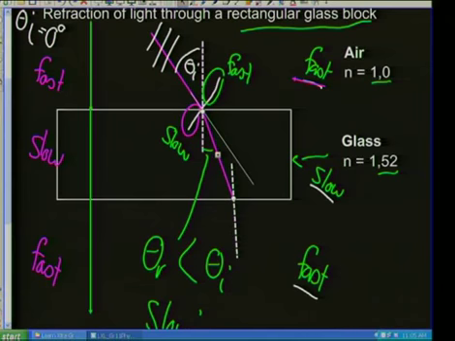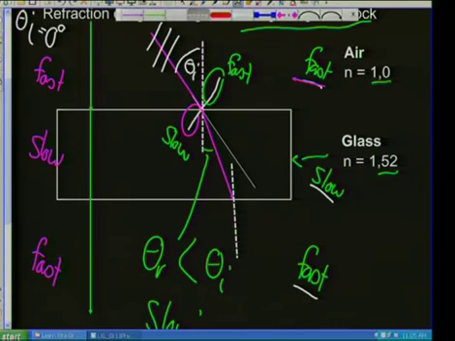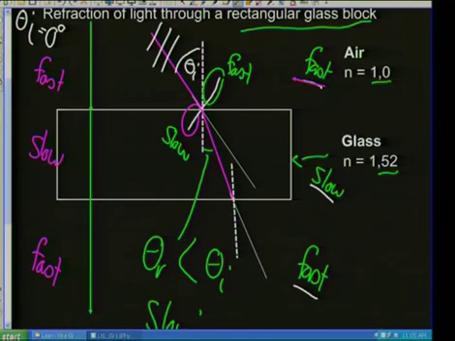Now, again, what you should notice is that this line doesn't carry on in the straight direction as it was going before. It was going in that direction, and you need to recognize that it doesn't carry on going as it was going inside the material.